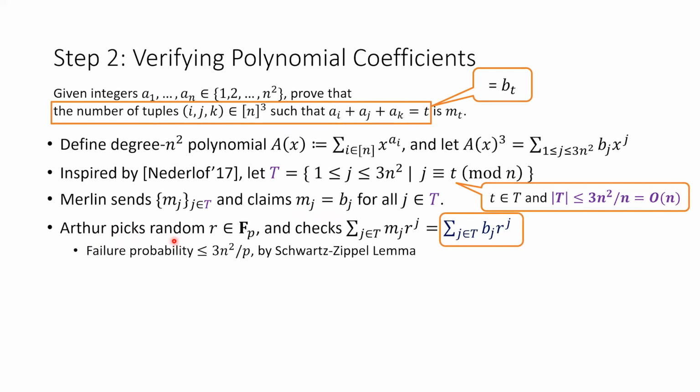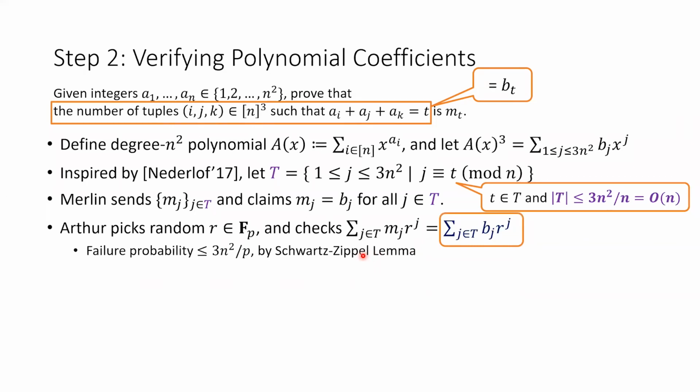So he picks a random element r from a large enough finite field and checks the following equality. Here, the left-hand side is a polynomial in r, and the coefficients are given by Merlin. And on the right-hand side, this is the corresponding polynomial with the actual coefficients b sub j.